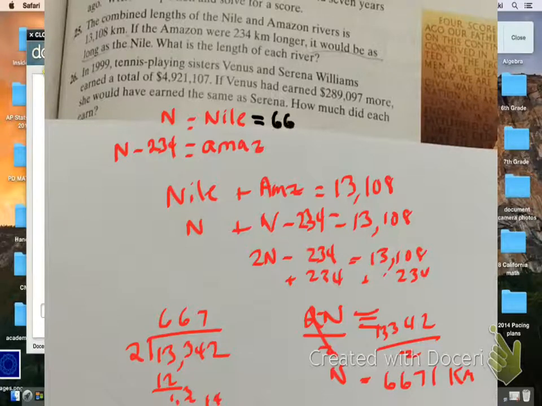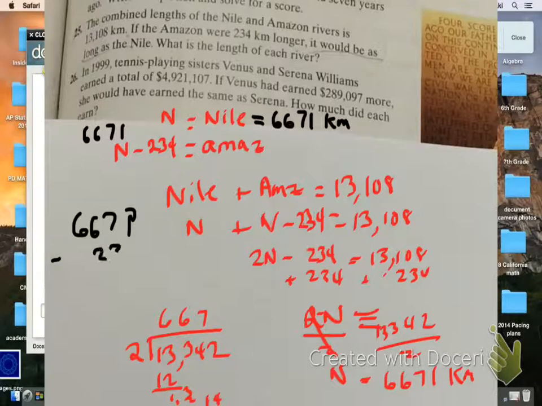And if I come back up here, we know that this is 6,671 kilometers because we found that N equals this amount. To find the Amazon, I just subtract 234 from 6,671.